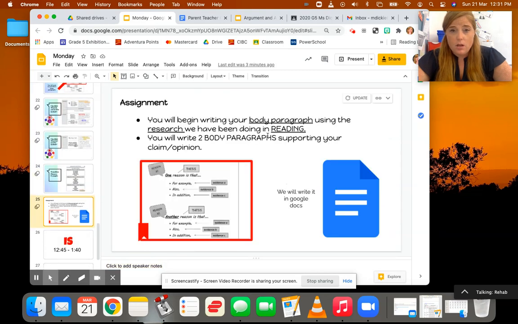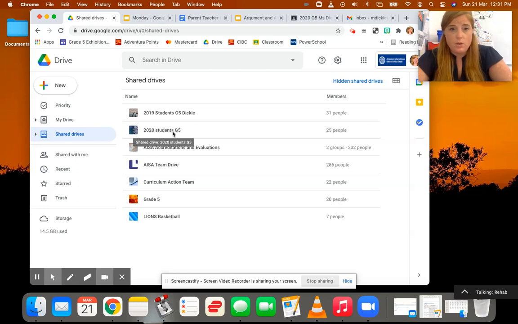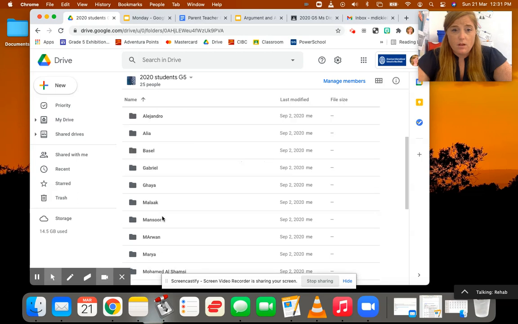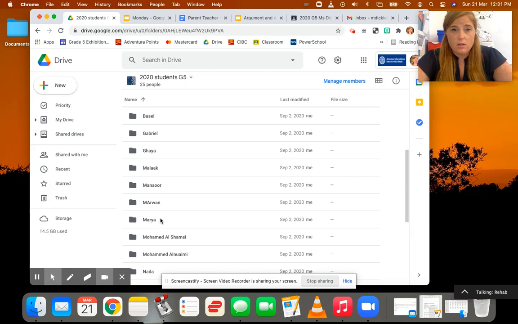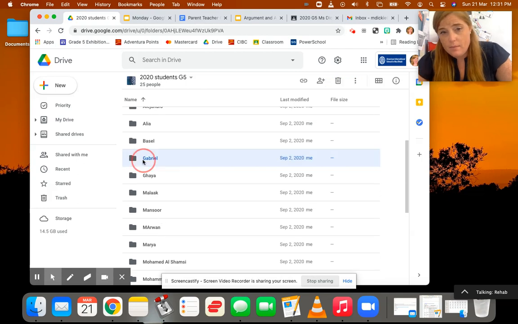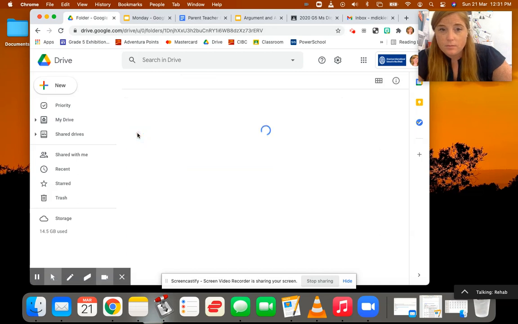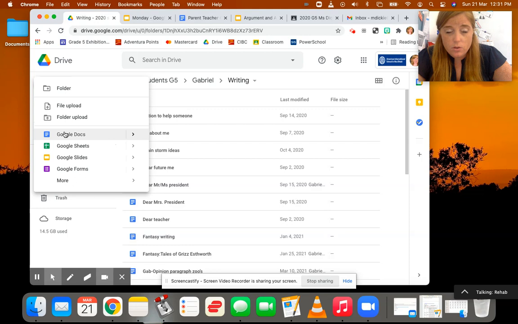So we're going to be doing this in Google Docs. For example, I'm going to go to my shared drive, 2020. And I'm going to pretend to be Gabriel today. I'm going to go into writing, and I'm going to open up a new Google Doc.